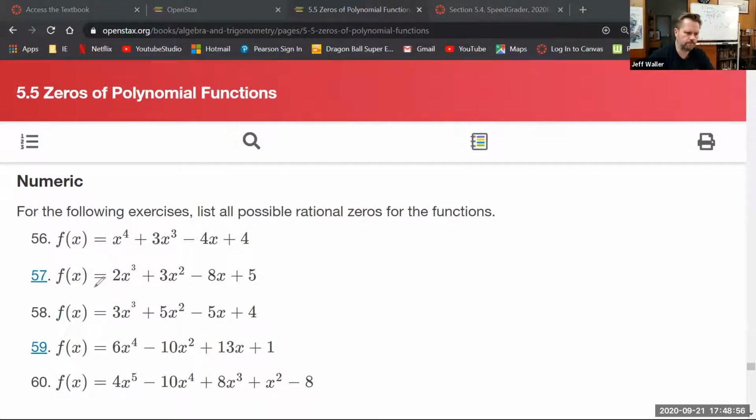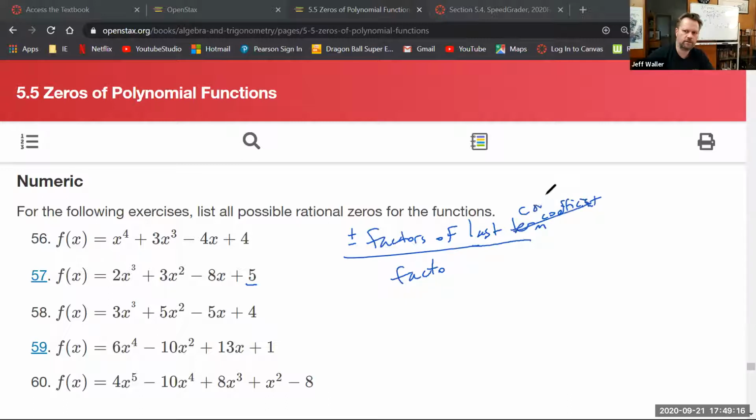So this one. Yeah. So on the top, you would put plus or minus factors of the last term, the constant term.